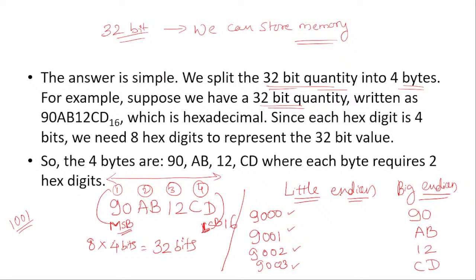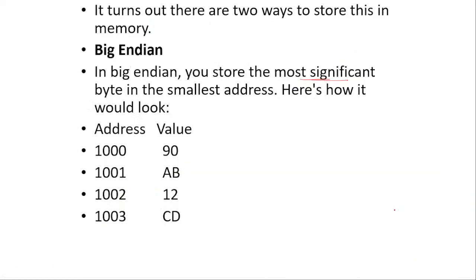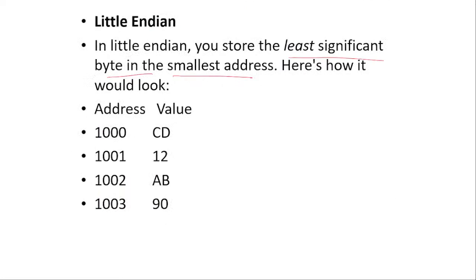So here in big endian, what happened? The most significant byte we stored in the lowest address. Okay, I hope it is clear. Big endian means the most significant byte is stored at the smallest address. And little endian means you store the least significant byte, LSB, in the smallest address.